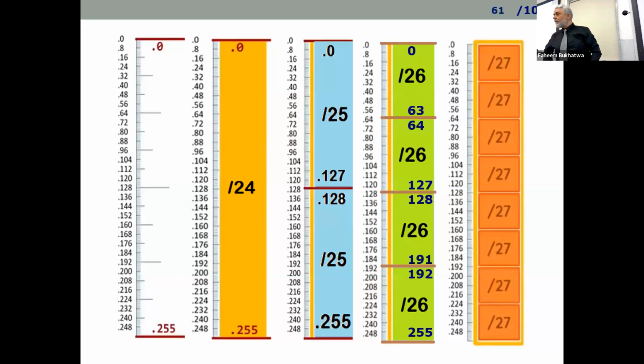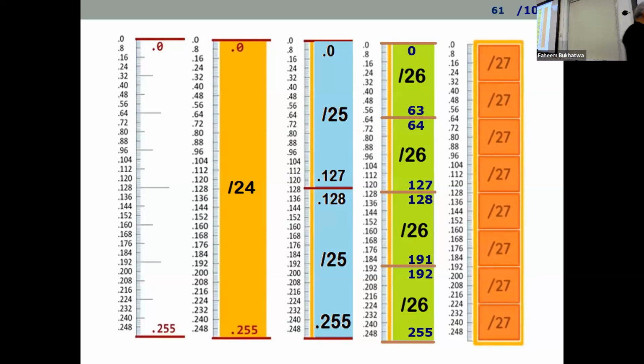Let's make variable size subnets. You have the general idea again. Every time you increase the value of the mask by one, you're doubling the number of subnets, but you're reducing the subnet size by half.